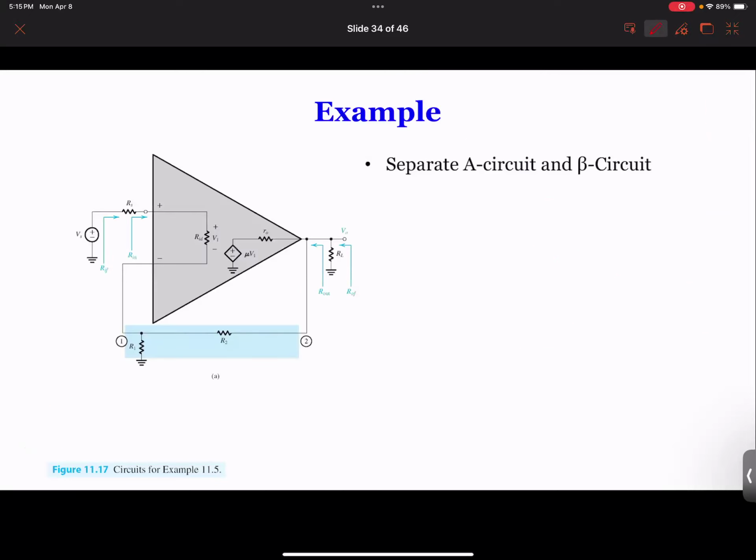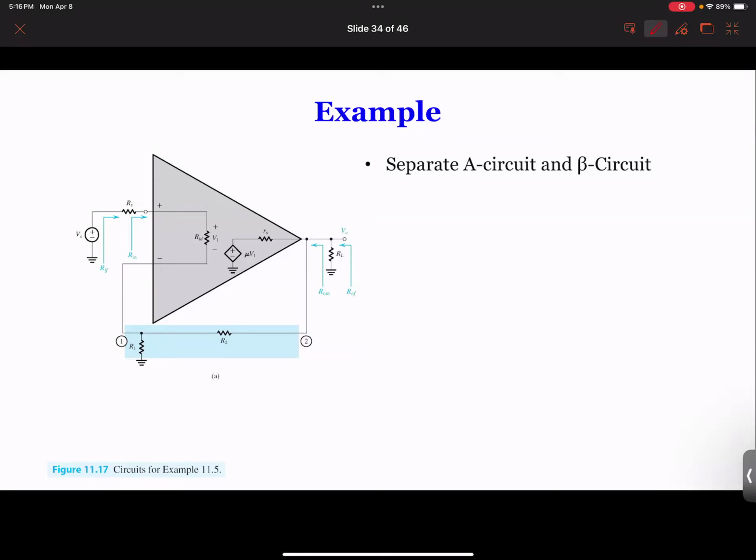So let's then look at the circuit. If you look at the circuit, you can see right away, this is output, and this is the input side. The output is brought back by these two resistors, and this voltage is added to the minus sign of your input.